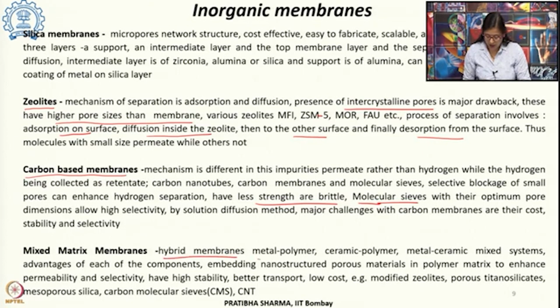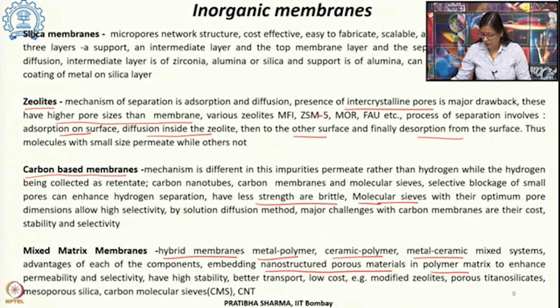Hybrid could be metal polymer, ceramic polymer, or metal ceramic mixed systems, and each component has its own advantages. For example, nano structured porous materials can be blended or embedded in a polymer matrix, and with the use of these two it can enhance permeability and selectivity. It can provide better stability, better transport, and low cost.